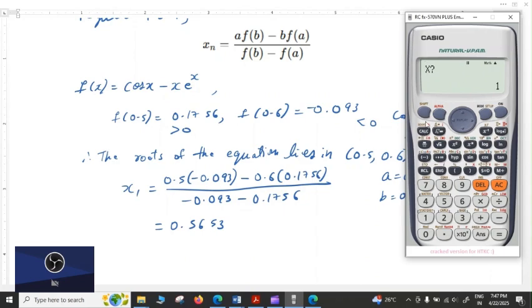Calc to last x value is now 0.5653. Yes, once you can see, we get 0.05037. So it is a positive value. Okay, for the term 0.5653. Okay, substitute now. Let us take this as positive value.